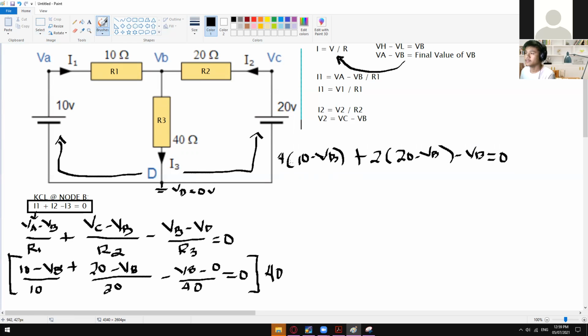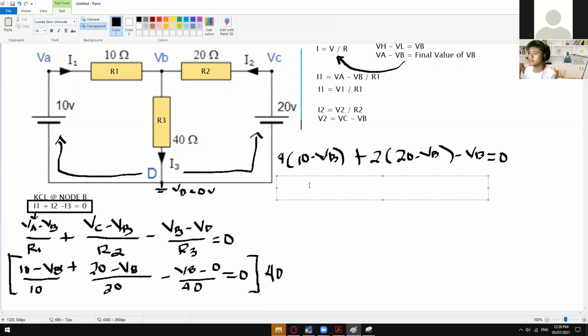All right, so the next thing you need to do is, hmm, forget the term, distribute. You have to distribute this 4 and 2 now. Let me use this text right here to be more readable. 4 times 10 is 40, minus 4 times VB is 4VB, plus 2 times 20 is 40, minus 2VB, minus VB is equal to 0.